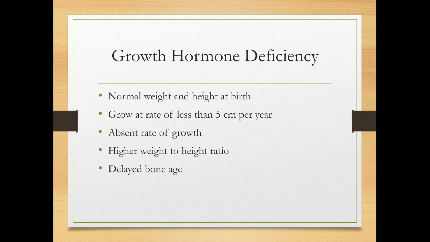So basically, growth slows or stops with growth hormone deficiency. However, they are born normally. So they are born at a normal weight and a normal height at birth, and then they slow or stop growth. And how this is discovered is ding, ding, ding, on those growth charts that we had you plot out.